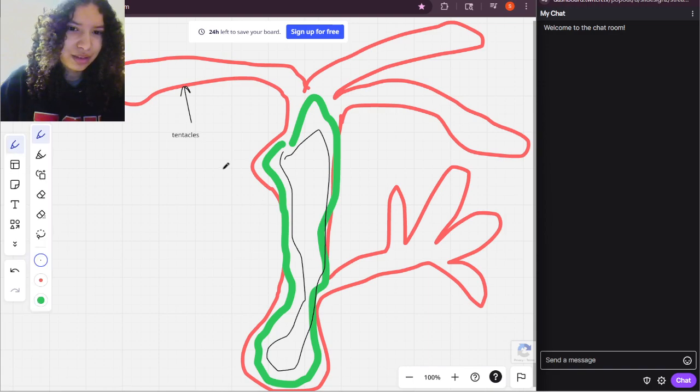Then the body column, it's just kind of pointing to it.